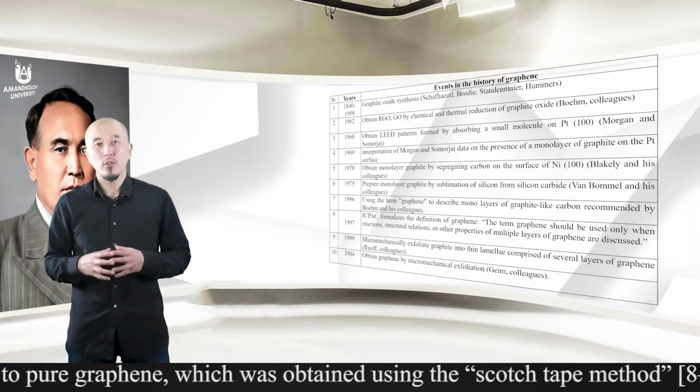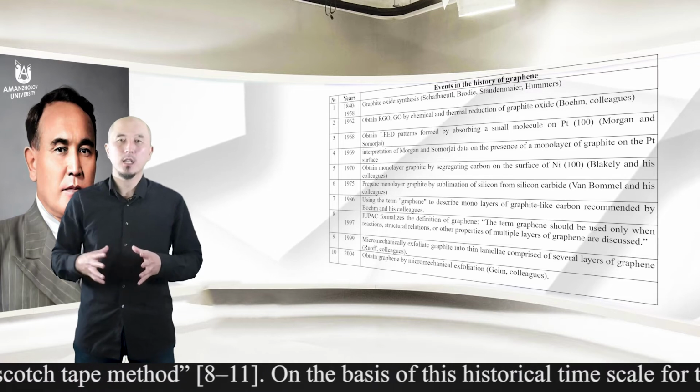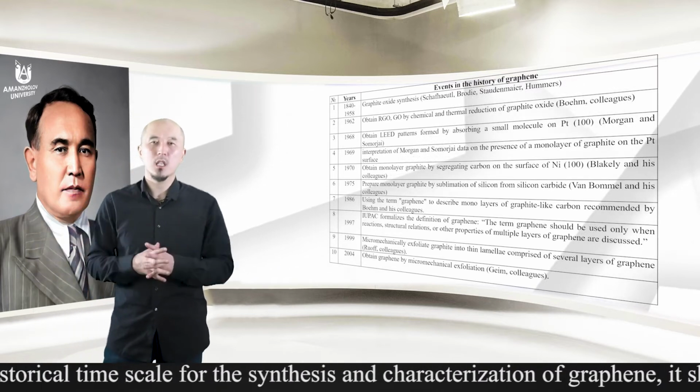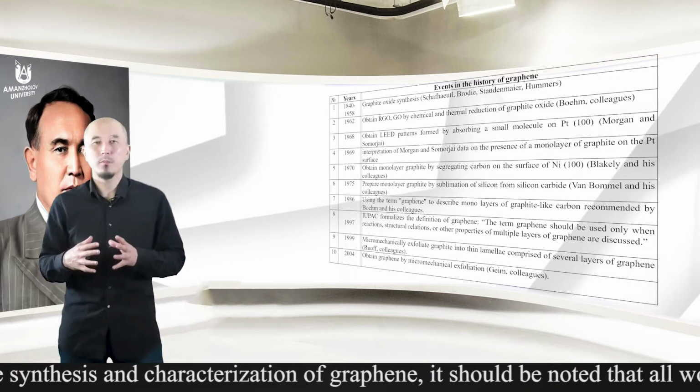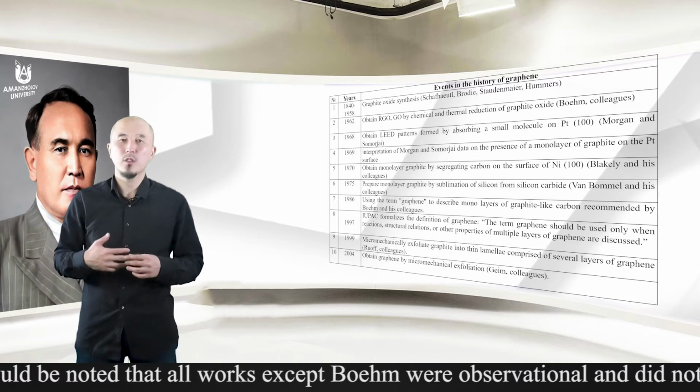On the basis of the historical time scale for the synthesis and the characterization of graphene, it should be noted that all works except Boehm's were observational and did not describe the distinctive properties of graphene.